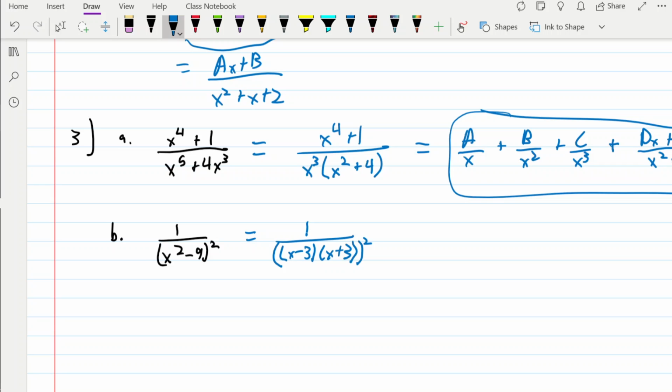Just really making me wonder if we should first distribute. Let me think. I mean, we can distribute that squared underneath, I believe.